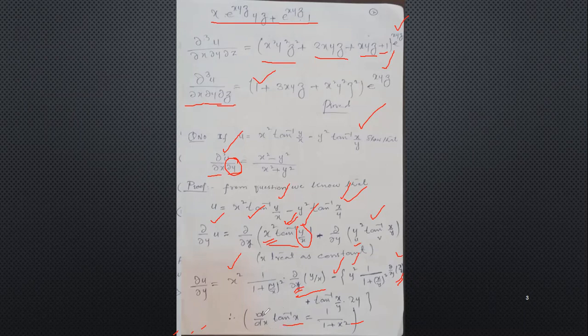Since we know that derivation of tan inverse, and we proved that derivation of tan inverse x equal to 1 upon 1 plus x square. Here in this term angle we have x. So we proved that derivation of tan inverse x is 1 upon 1 plus x square. But here in angle we have y upon x.